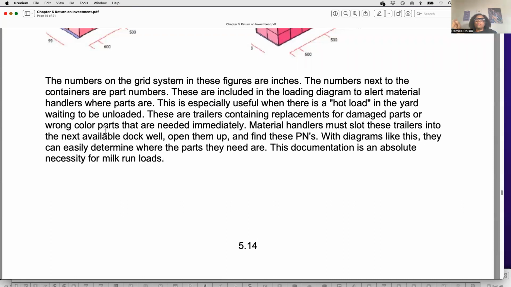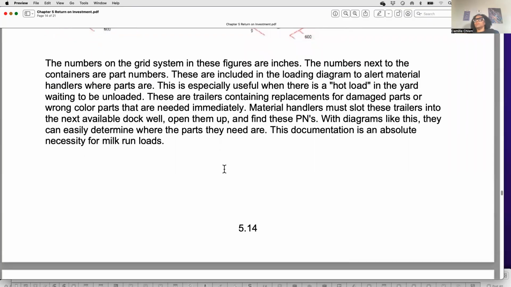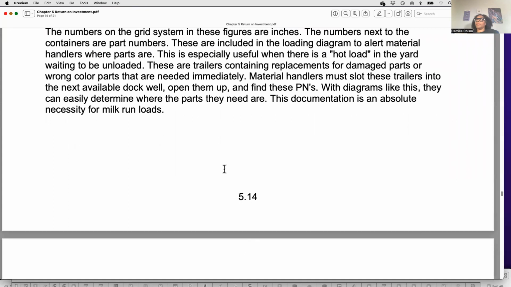So now the load that's coming with the materials that they're going to need soon, or need right now, is called a hot load. People know a hot load's coming, and then they can go and address that. The material handlers or the truckers or whoever's moving and receiving those parts will address those first, so make sure there's a dock door open. It's a whole thing. Dock doors, we don't need to talk about that.